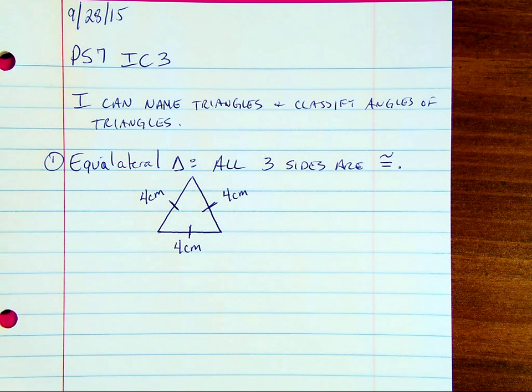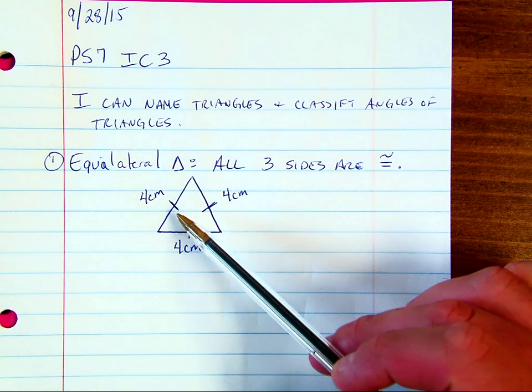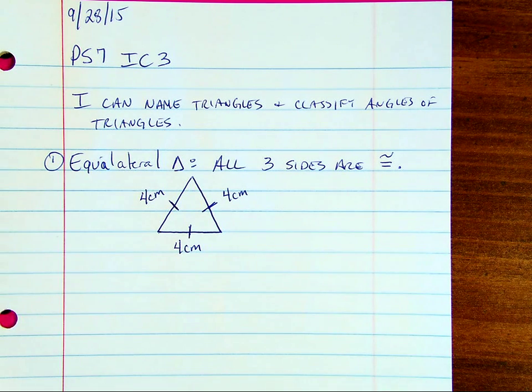I put those little slash marks through the side lengths just to let you know that all 3 of them are equal to each other. That's your key to having an equilateral triangle. When you see these 3 slash marks, that tells you, the mathematician, that all 3 sides are the same.